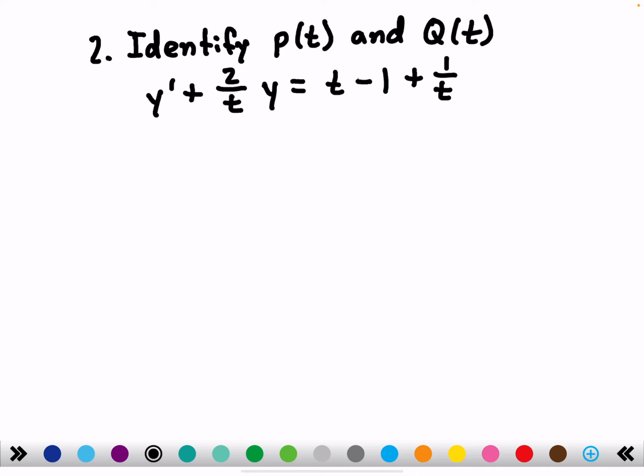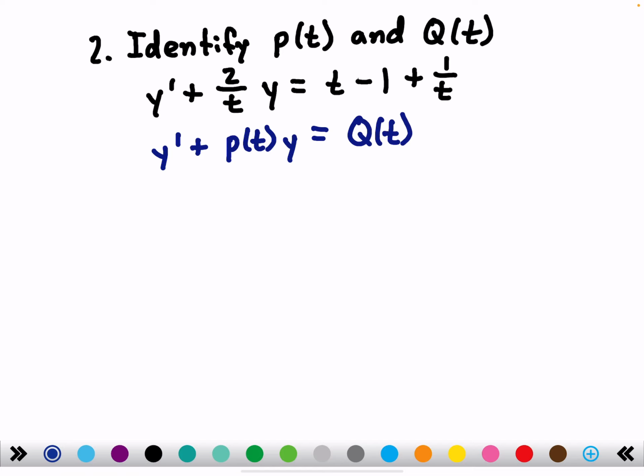Step number 2, identify p sub t and q sub t. Now remember, the form of this differential equation is y prime plus p sub t times y equals q sub t.